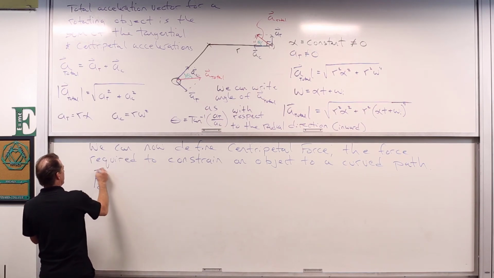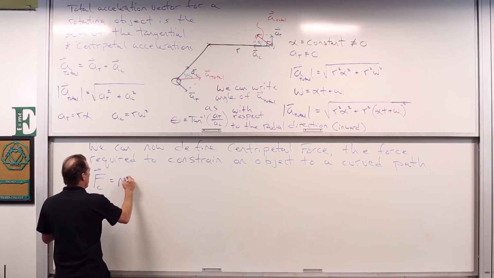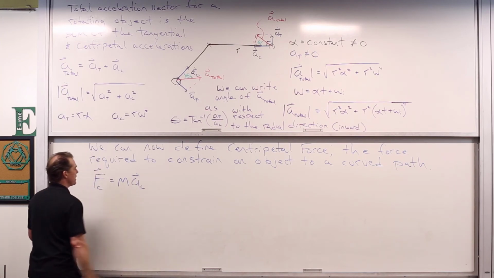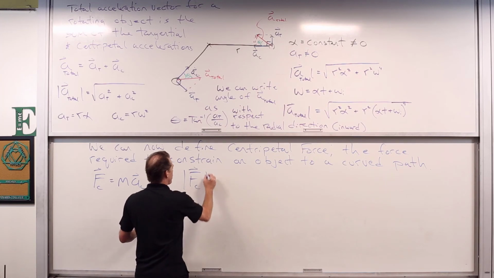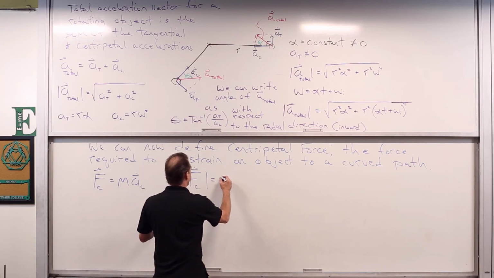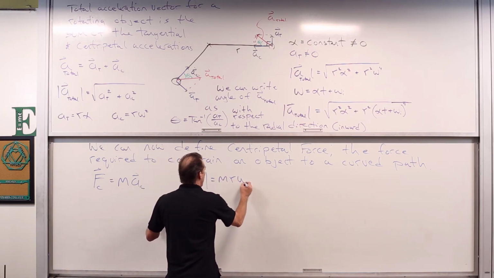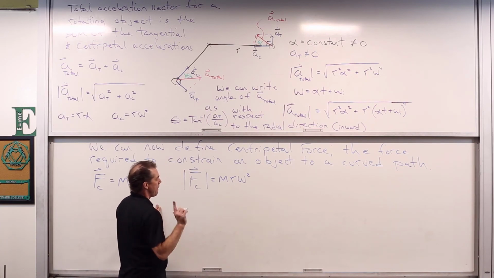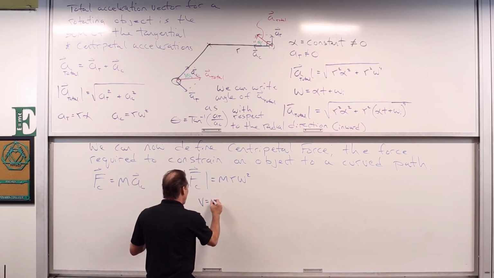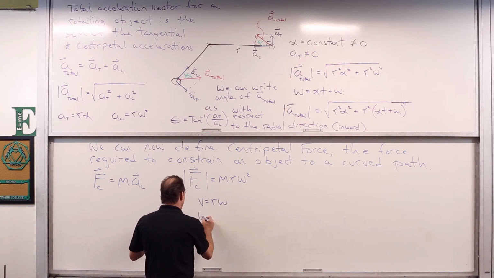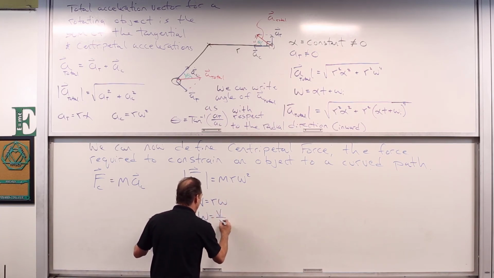F sub c is equal to m times a sub c, which then gives us that the magnitude of the centripetal force is going to be equal to m r omega squared. But we can also write that v is equal to r omega, which gives us that omega is equal to v divided by r.